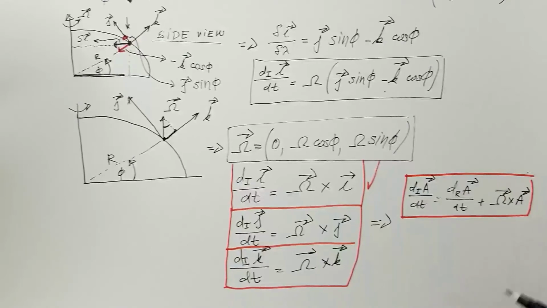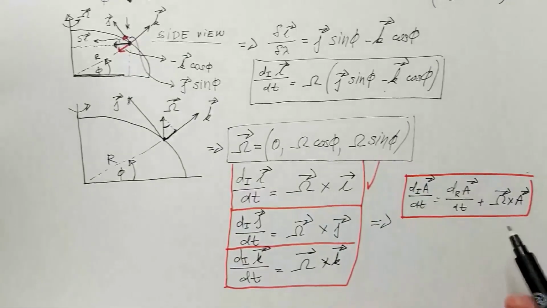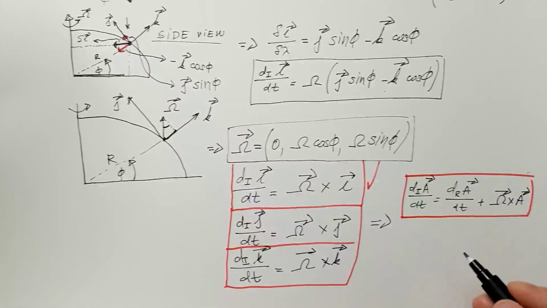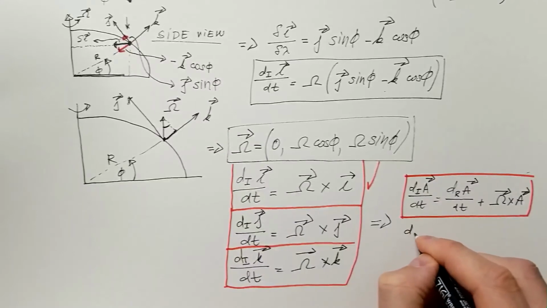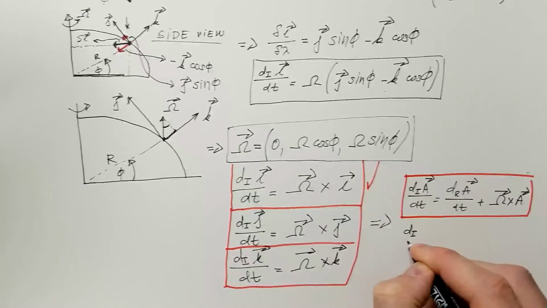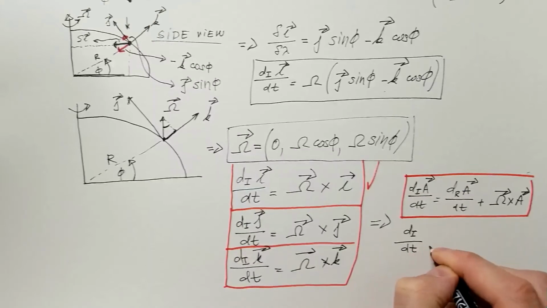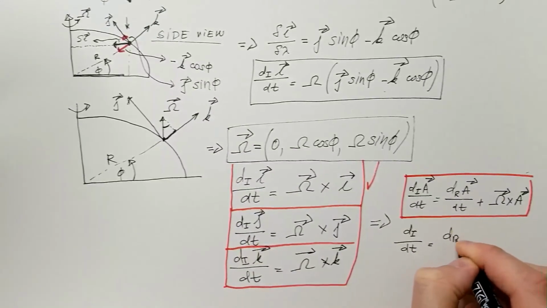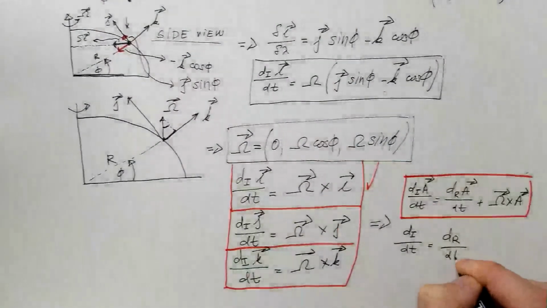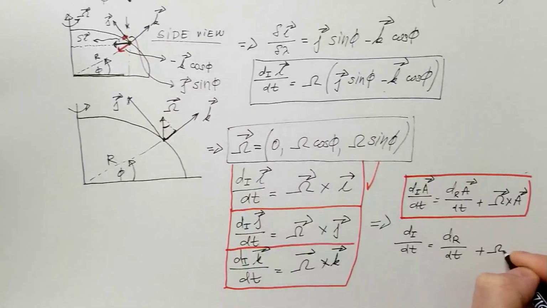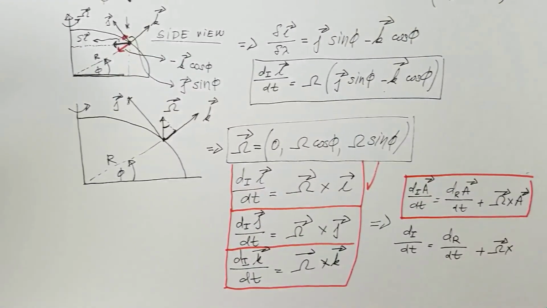We can also go one step further and put this in the form of an operator that will tell us that differentiation in the inertial reference frame is differentiation in the rotating reference frame plus omega cross whatever you are operating on.